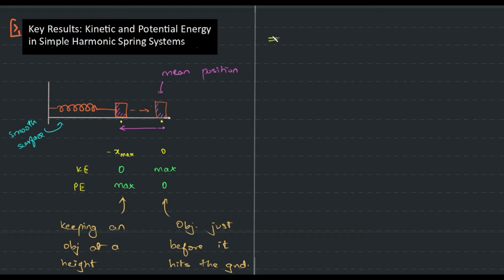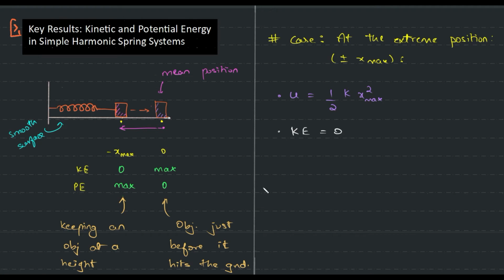Okay, so let's start off with the case at the extreme position, plus or minus x max. My potential energy will be equal to half k x max square, while my kinetic energy will be 0.